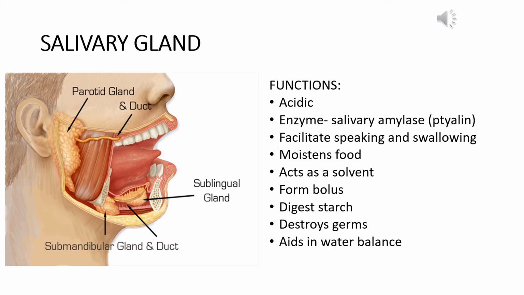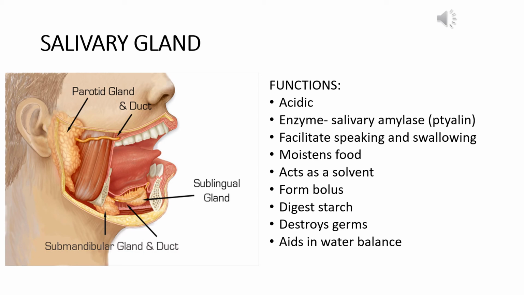The saliva that these three pairs, or six salivary glands, produce is acidic in nature, and it has a salivary enzyme which starts to digest the starch, or the carbohydrate, present in the food. That enzyme is called ptyalin.